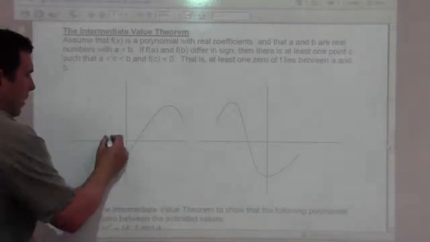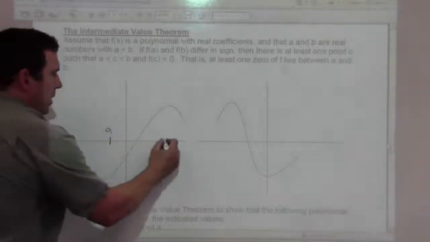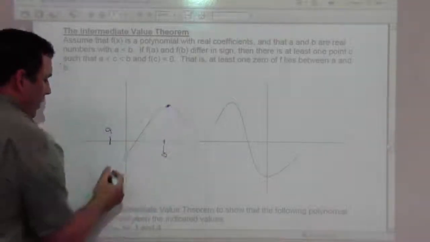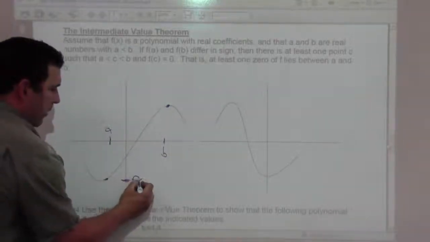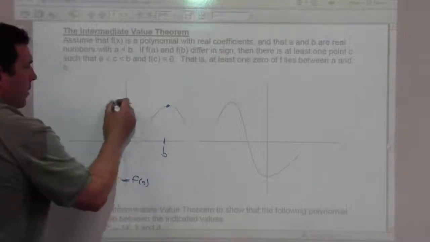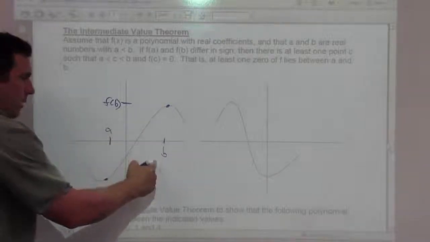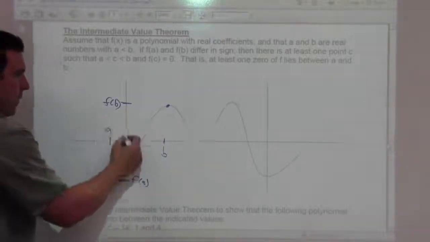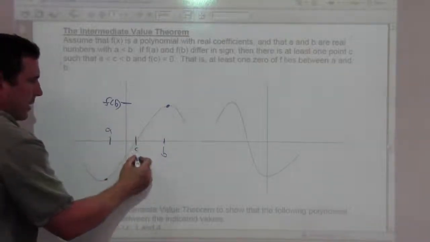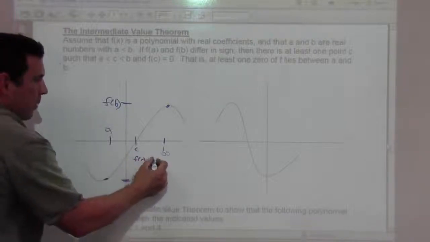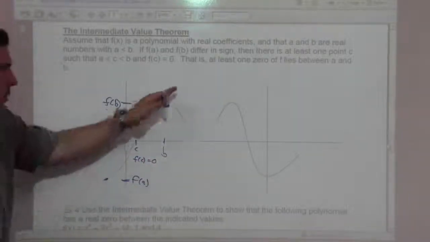So let's say here's our a, here's our b. Down here is our f of a, up here is our f of b. f of a is negative, f of b is positive. So there's a place c such that f of c equals 0. That is to say, your function is continuous.